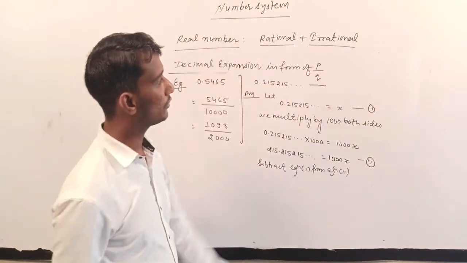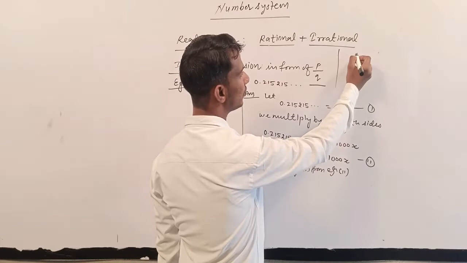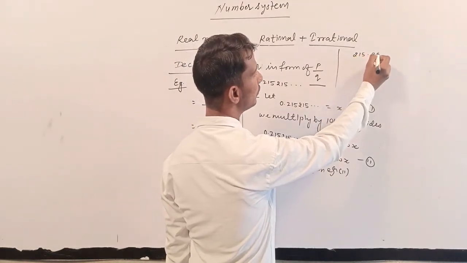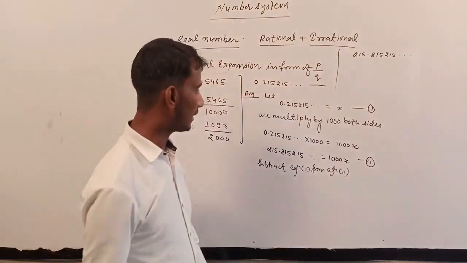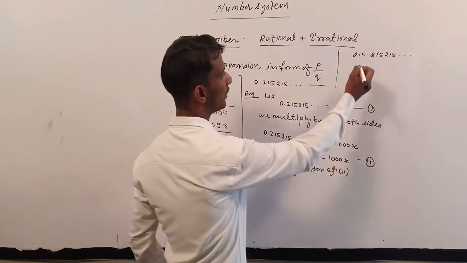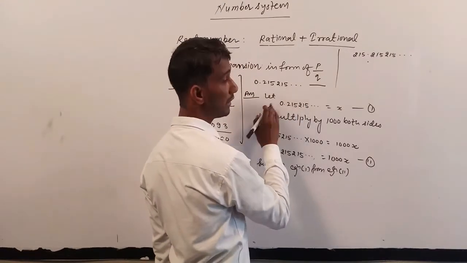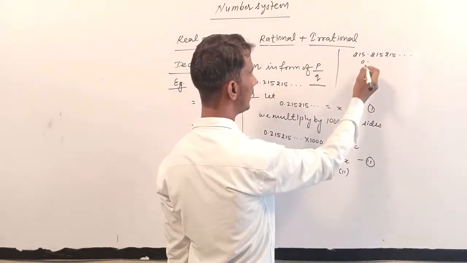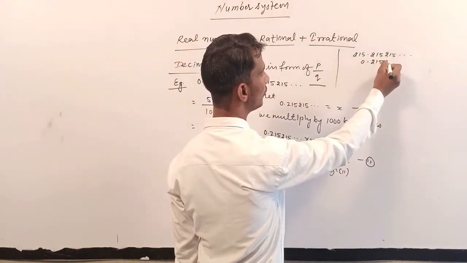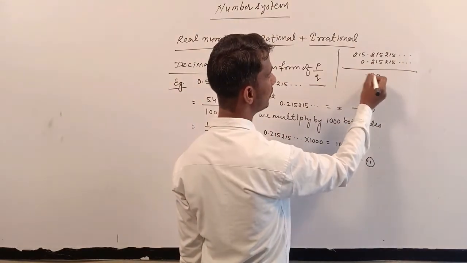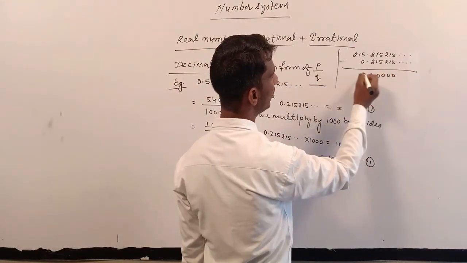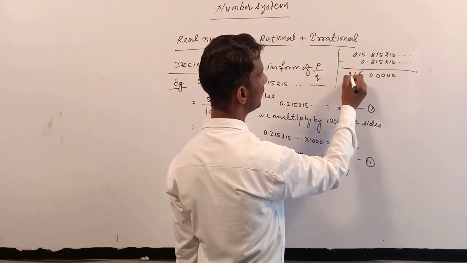Now I am telling you the subtraction. 215.215 and so on, place the next number below it, decimal under decimal. On the left side 0 and on the right side we write 215. So after the subtraction we get 0, 0, 0 and you get 215.